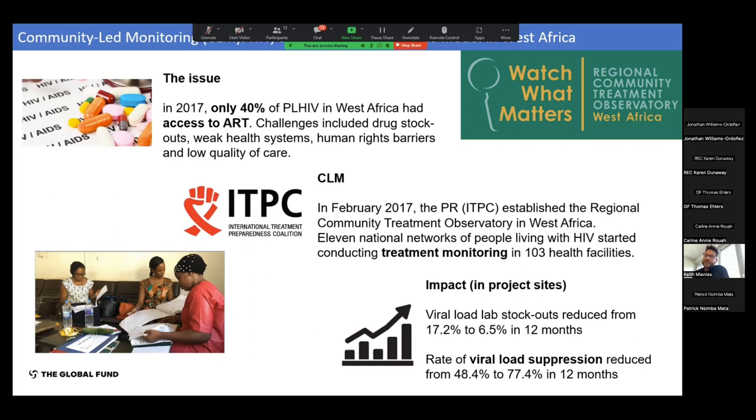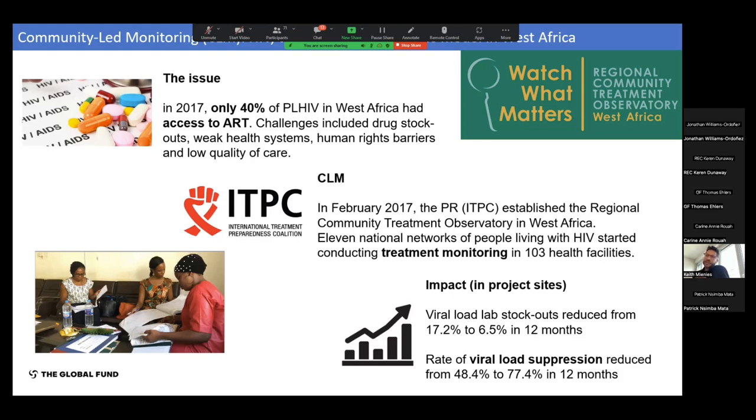Through consultations, the challenges noted by healthcare workers and clients alike included drug stockouts, a weak health system that is not responsive or open or accessible, and several human rights related barriers that also impeded and contributed to low quality of care. So the identification of the issue was very clear in this region, looking particularly at PLHIV on ART.